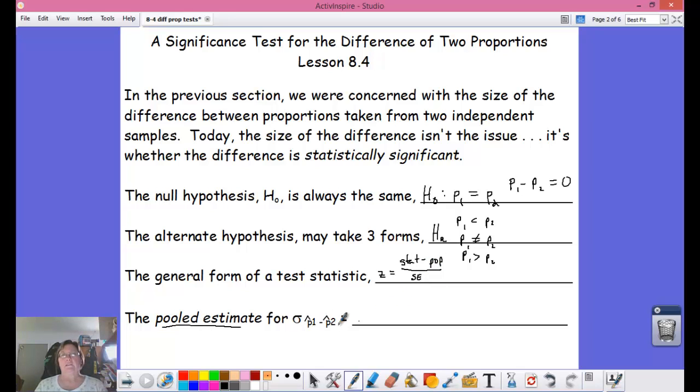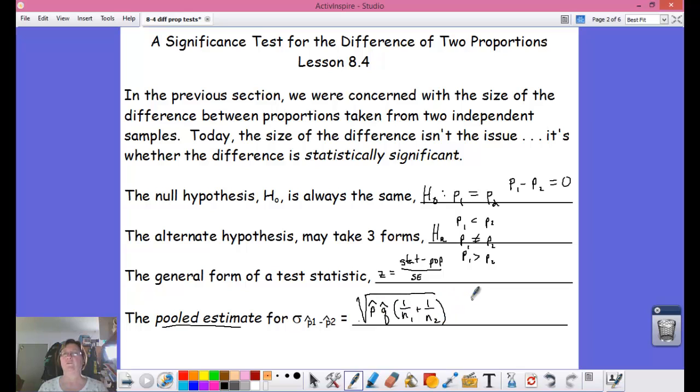For this particular sample statistic, we pool the two standard errors together, following this format. It is the square root of, and under the radical, a p-hat, notice that there's no number on here, and a q-hat with no number, multiplied by 1 over the first sample size plus 1 over the second sample size.